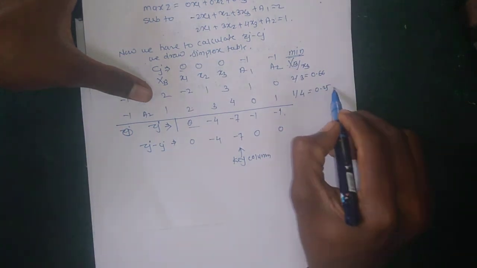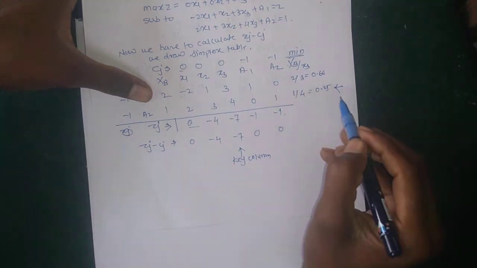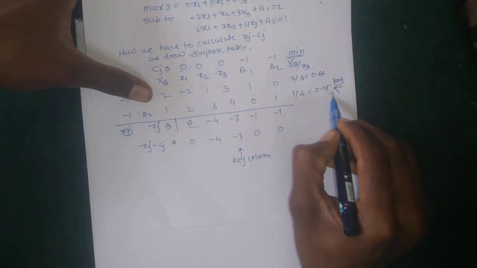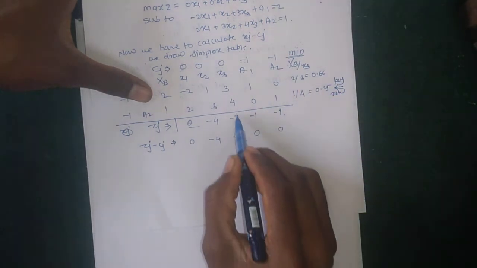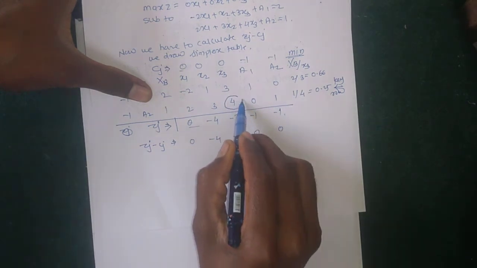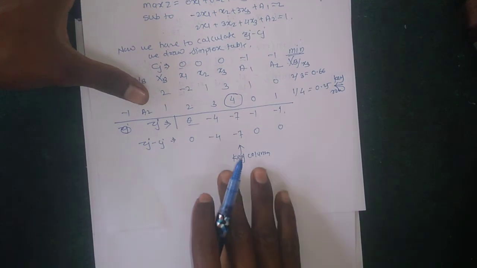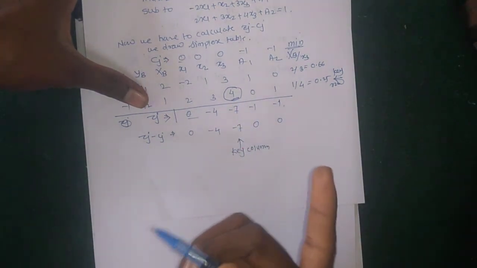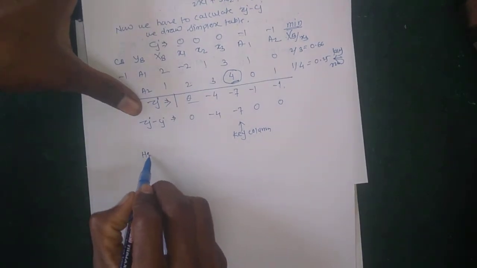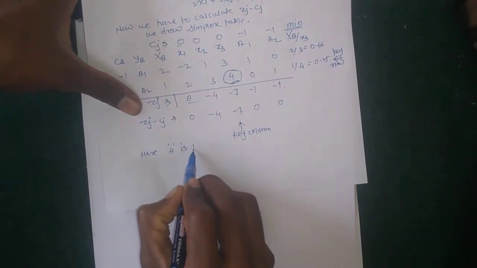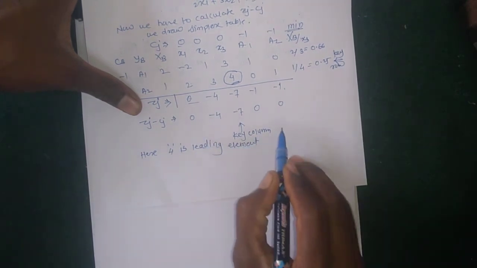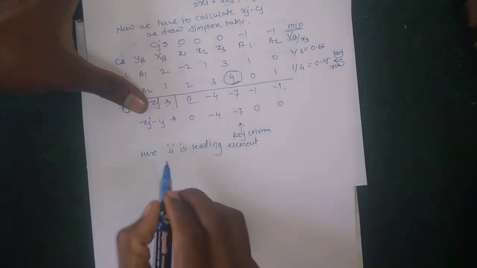Okay, so therefore this is our key row, and the intersection of the key column and the key row is the leading element. So 4 is the leading element, so convert 4 to unity and make the other elements 0. Okay, here 4 is the leading element.